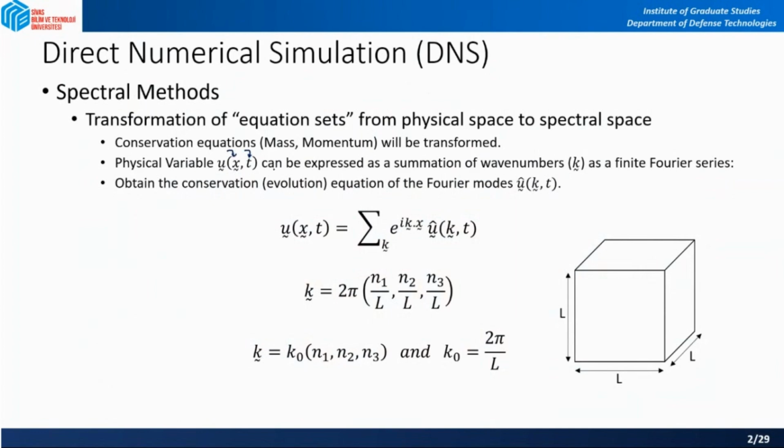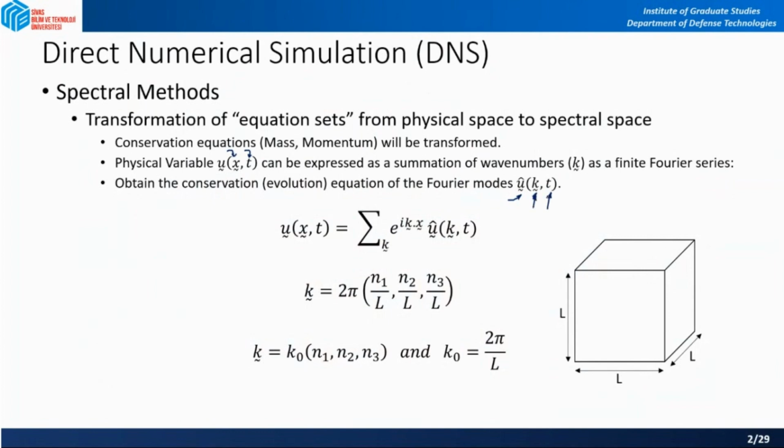It can be expressed as a summation of wave numbers, as a finite Fourier series. And our work is actually to do this transformation. Our work is to find the evolution or conservation equations of the Fourier modes in spectral space. So this time your Fourier mode will be a function of wave number and also time.